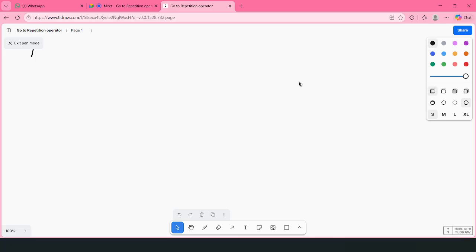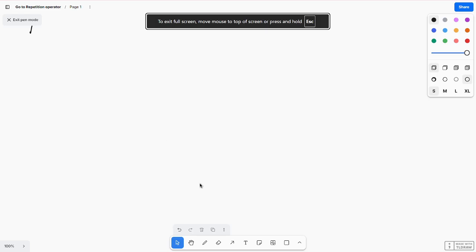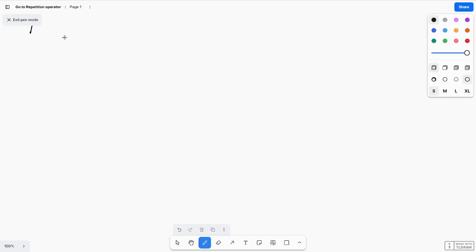Okay. So, one important point related to the non-consecutive repetition operator we'll see. This is a very important point.